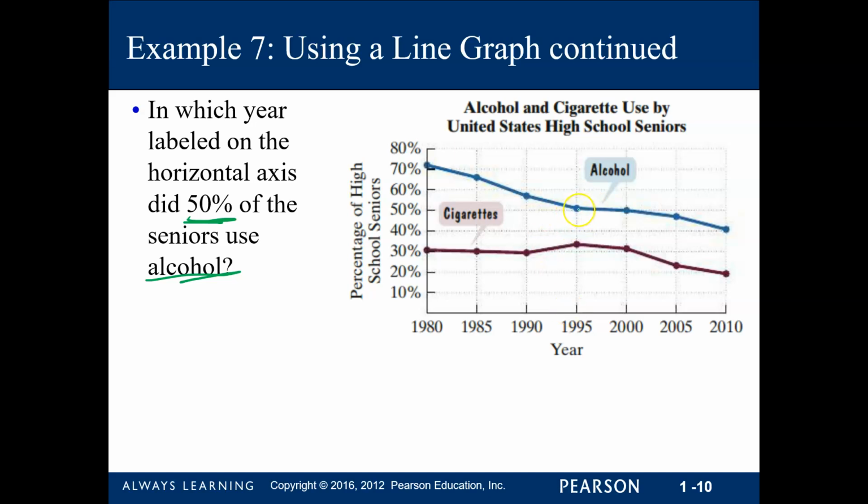If you observe, the dot is a little bit above the 50%. The point that is exactly on the 50% mark is this one. So I would like to make that correction that instead of the year 1995, it was the year 2000 when 50% of the seniors use alcohol.